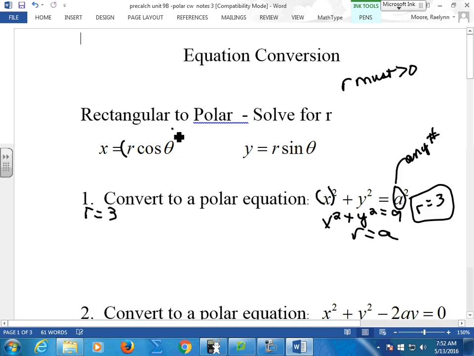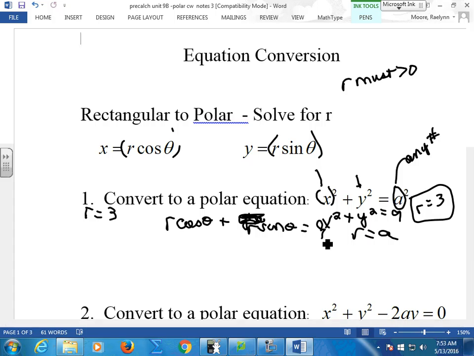So if we take this and we convert this in for x, and we take this and put this in for y, we get r cosine theta plus r sine theta equals, I'm just going to put a 9 in here for now, just so that we have something there.